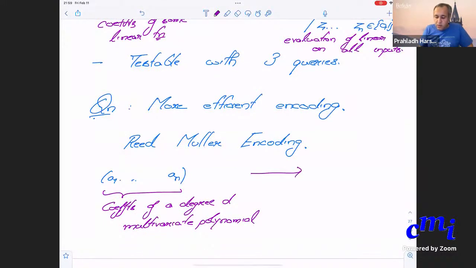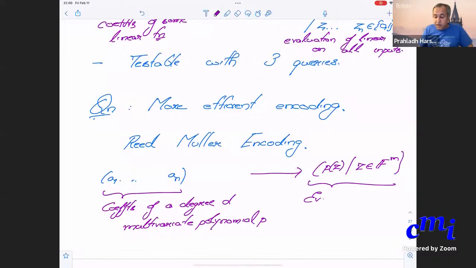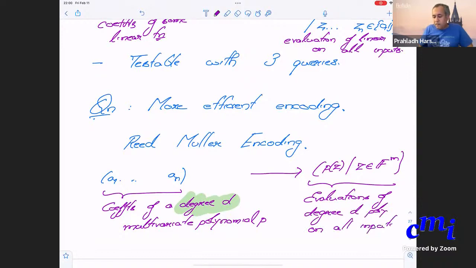Then the encoding is just the evaluation of this multivariate polynomial P on all points in the field. So it's the same idea. Previously it was linear, and the only difference between last time and now is that I'm upgrading the linear function to a higher degree polynomial. The encoding is the evaluations of the degree D polynomial on all inputs.